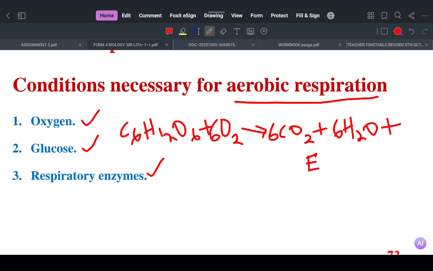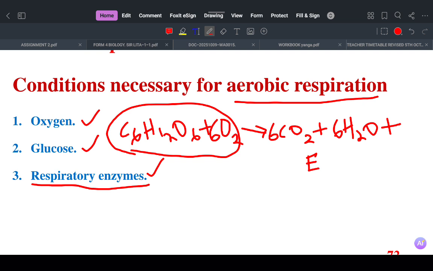Alright, and this being a chemical reaction, it must be speeded up or accelerated. So we need the respiratory enzymes in order to do that. So enzymes are required. So three things are needed in order for aerobic respiration to take place.